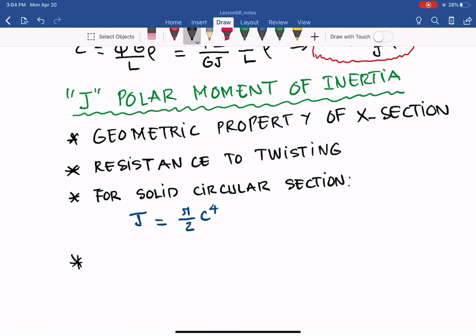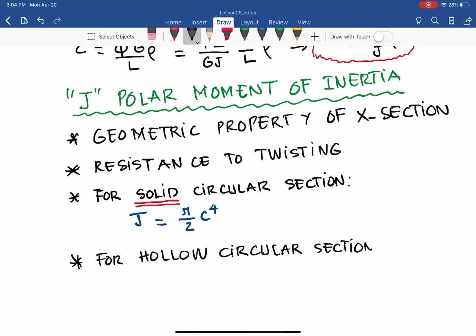That is for solid. And then for a hollow circular cross section, just like the lightsaber Star Wars sword that I showed you in the demonstration, we have J equal to pi/2 times c outer to the power 4 minus c inner to the power 4.